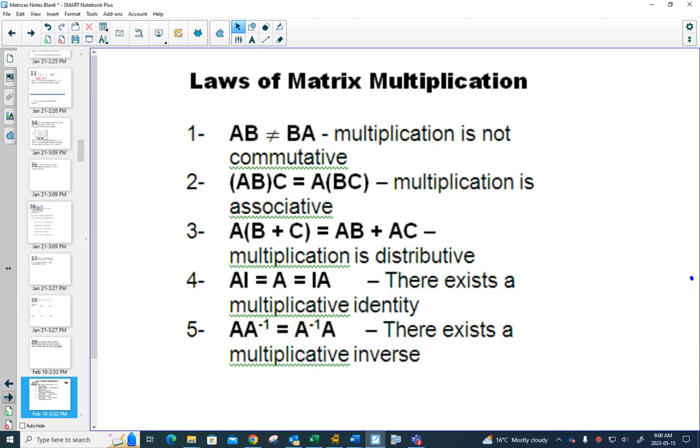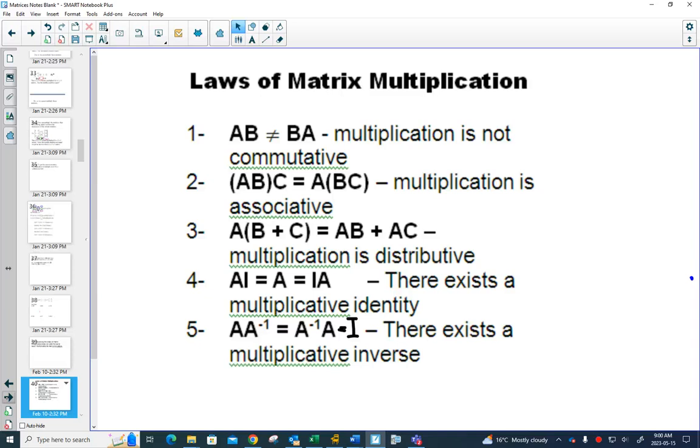And there is an inverse, so that when you multiply by the inverse, you get 1. The inverse of a number is dividing, right? Like 5 divided by 5, you get 1. If you divide by itself, you get 1.